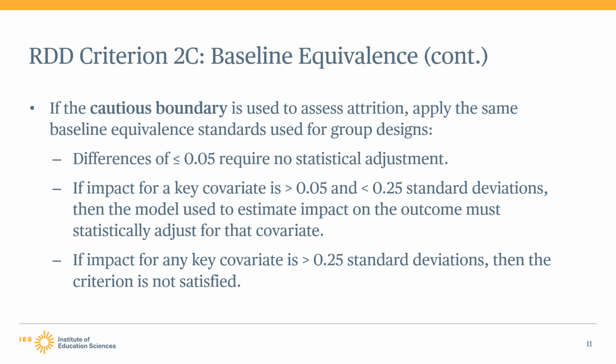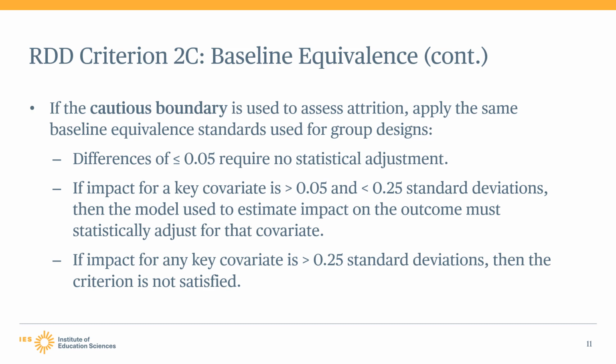Both predicted probabilities must be calculated using the same statistical model that is used to estimate the impact of the covariate at the cutoff. These predicted probabilities are needed so that WWC reviewers can transform the impact estimate into standard deviation units.